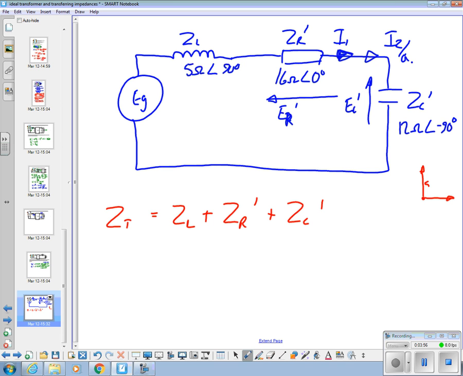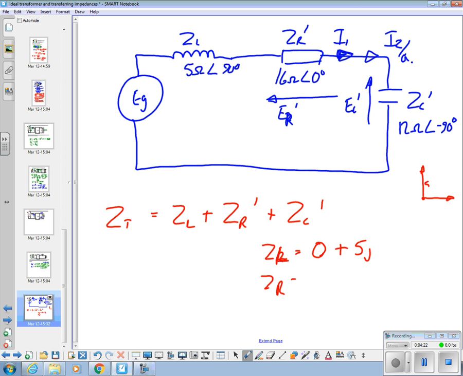We're 5 in the 90 direction. How many in the real direction? 0. So ZL is 0 plus 5J.